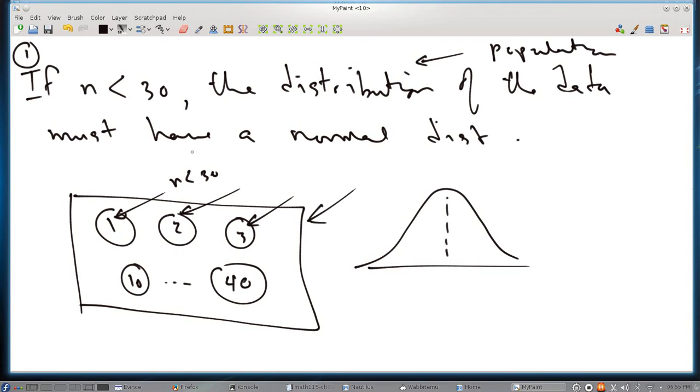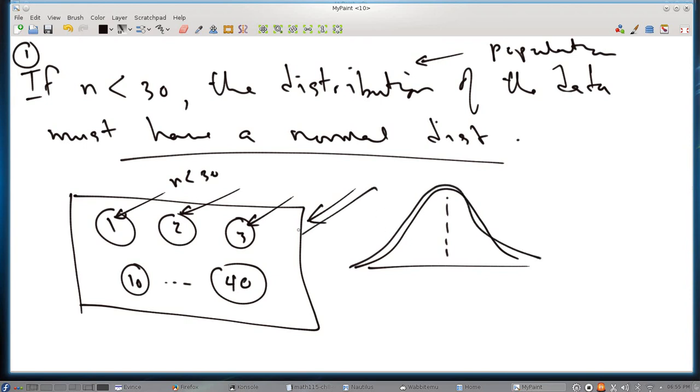That's what this statement is claiming. If you are collecting samples with sample size less than 30, and you want these samples to produce a normal distribution, then the population from which the samples have been selected must possess a normal distribution.